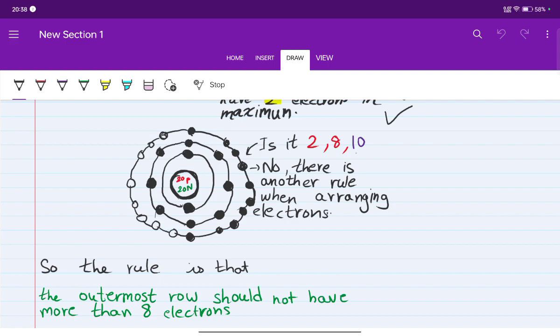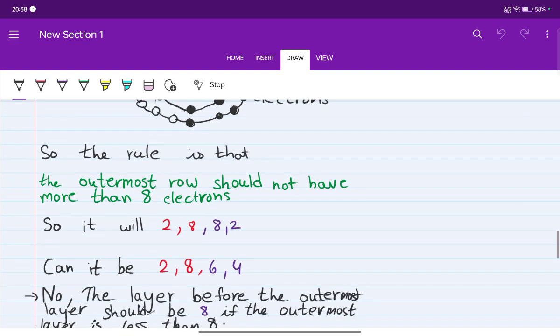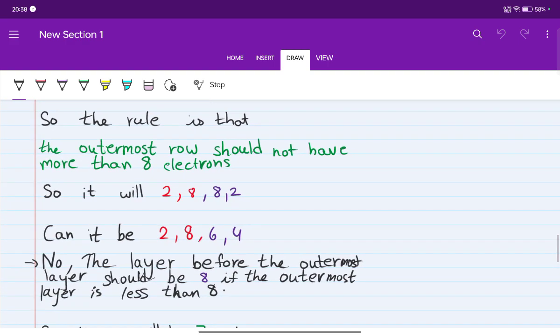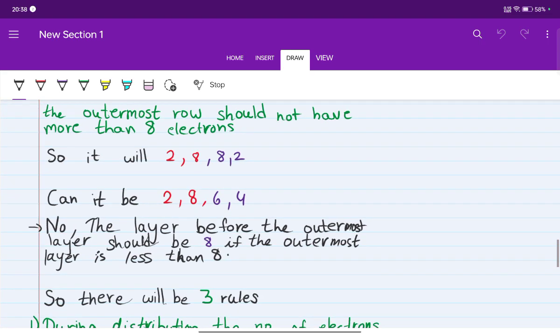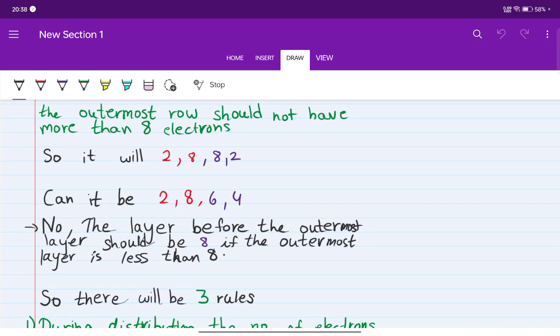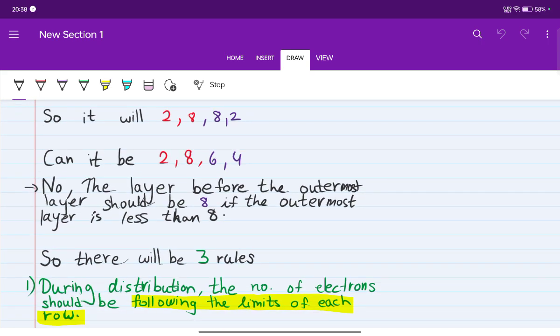There is another rule when arranging electrons. The rule is that the outermost row should not have more than 8 electrons. So it will be 2, 8, 8, 2. Can it be 2, 8, 6, 4? No, the layer before the outermost layer should be 8.